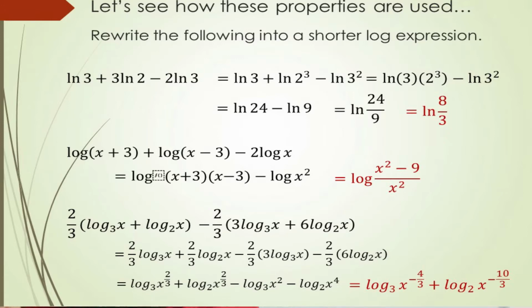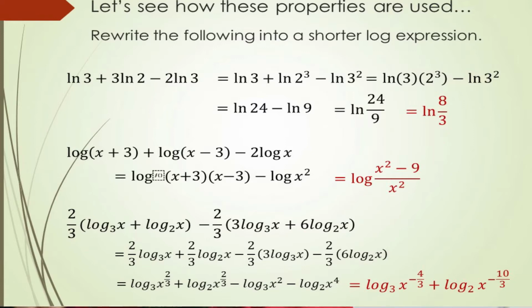X squared minus 9. And since the given is subtraction, we need to apply what property of logarithm? That is division. So that will become log x squared minus 9 over x squared.